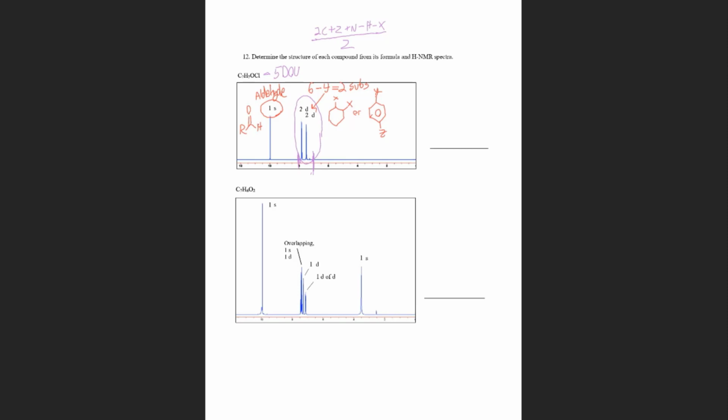That would create 2 that are closer to Z, 1 bond away, and then both 2 bonds away from Y. So you would get here and here are 2 hydrogens, and then here and here are 2 hydrogens. So that is 2 groups of 2.